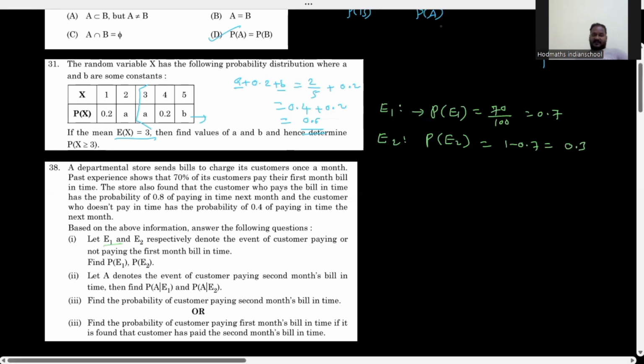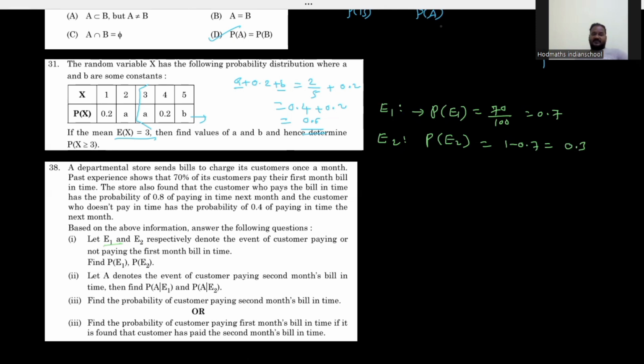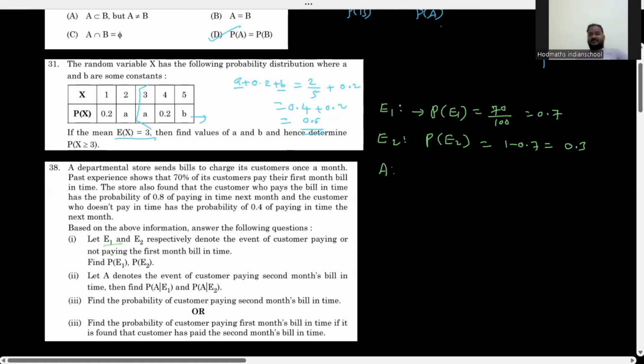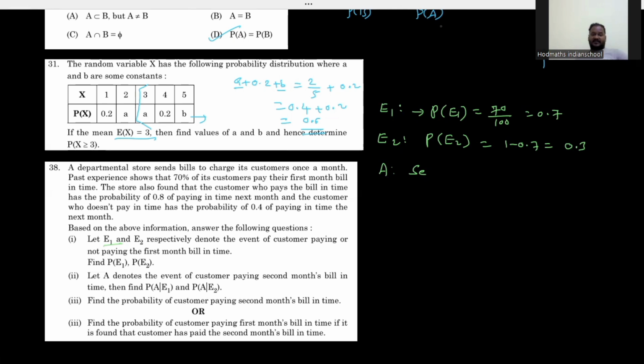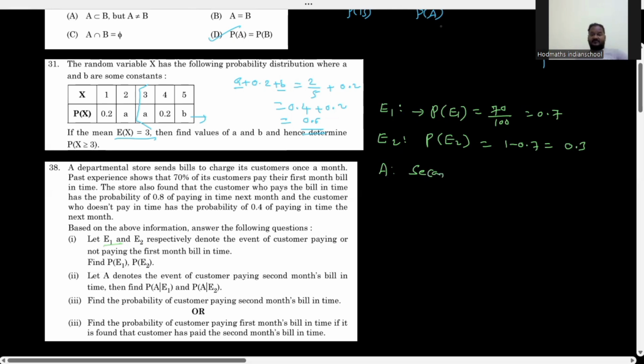Anything is fine. And coming to A, let A denote the event of a customer paying the second month bill in time. So A is the event of selecting customers paying the second month bill on time. Then what is the probability of paying the second month bill on time if they pay the first month bill on time?